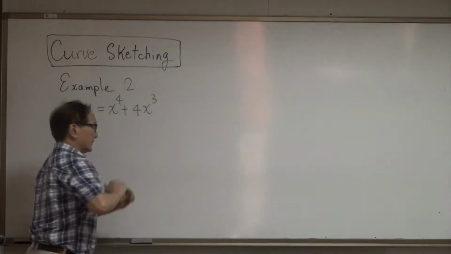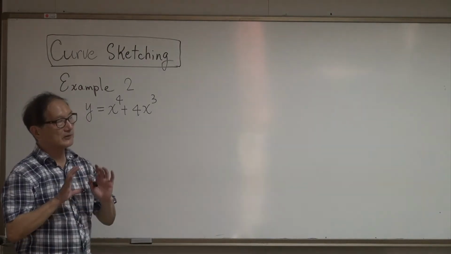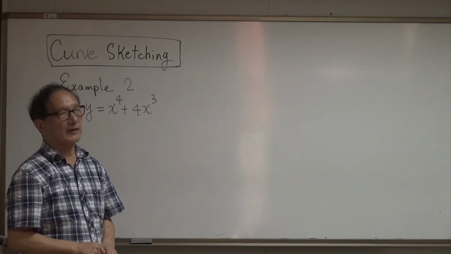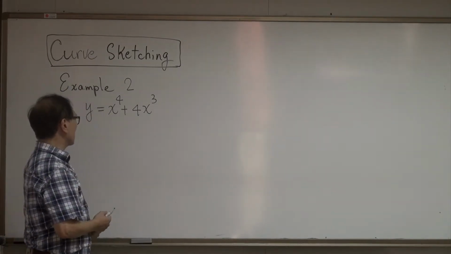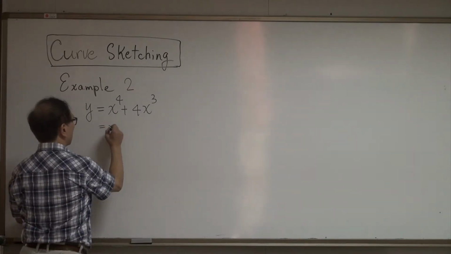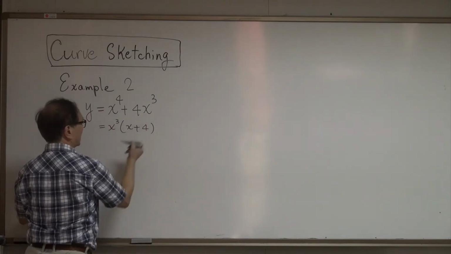So we just start to find some points which are helpful for us to sketch the curve. Now here, don't you think we can find the intercepts? This one is x cubed times x plus 4, right?